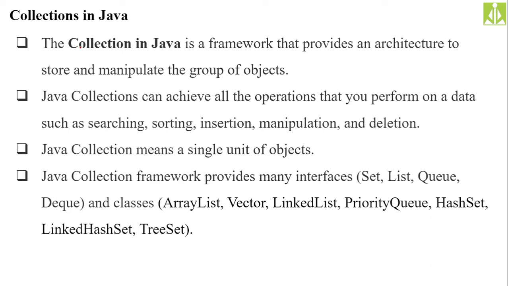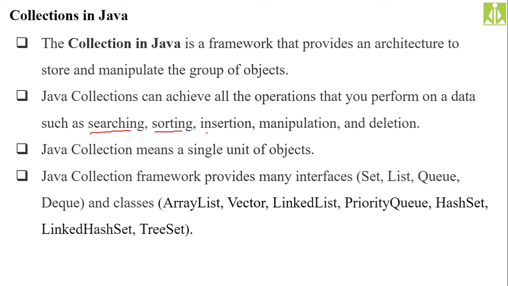Java collections can achieve all the operations that you perform on data. Whenever we are creating a collection, we are expecting certain operations on it. If you are searching for an element, the collection should support searching. If the elements are unordered, the collection should support sorting.